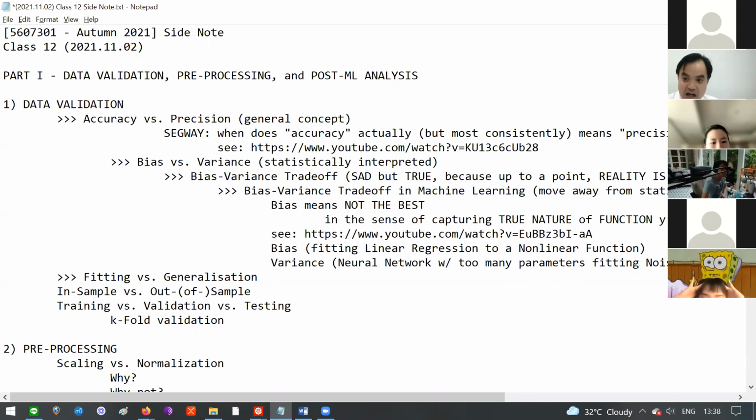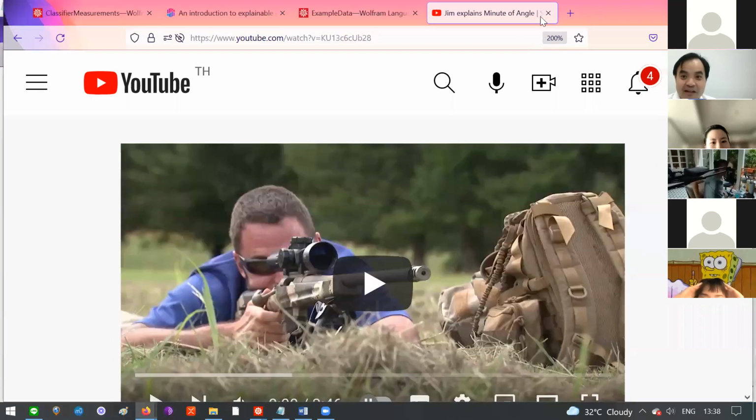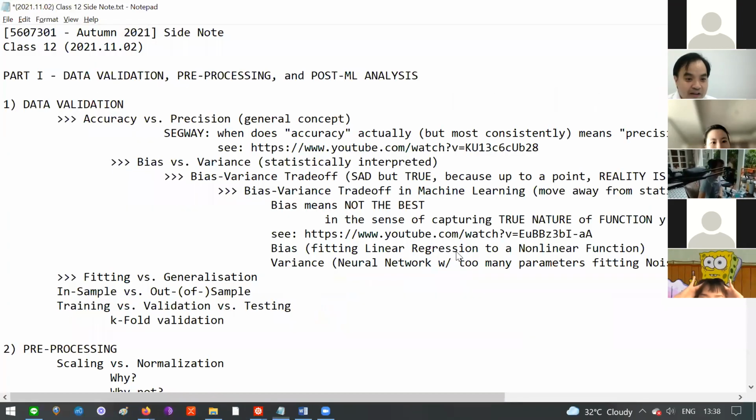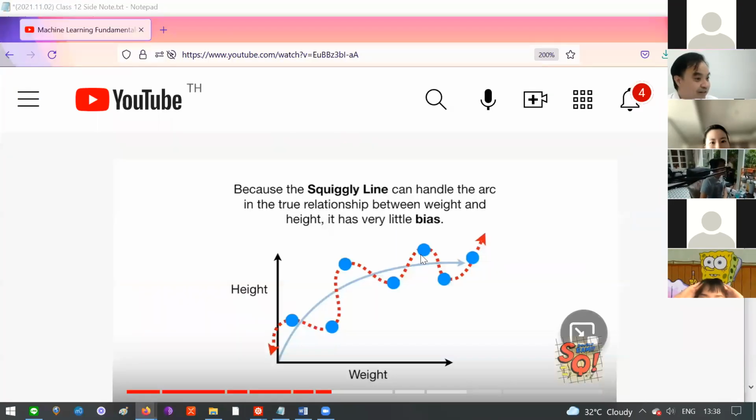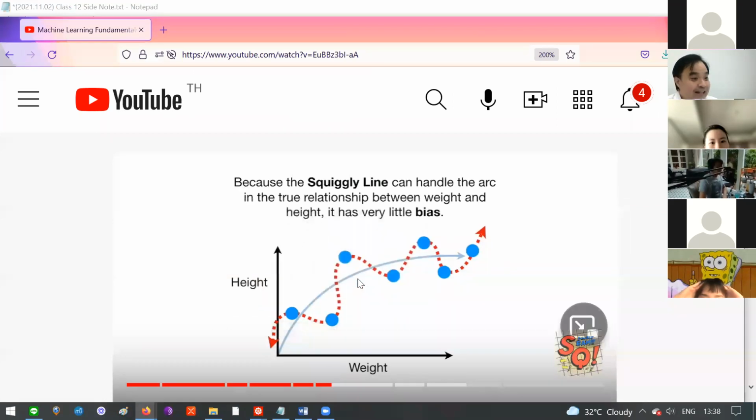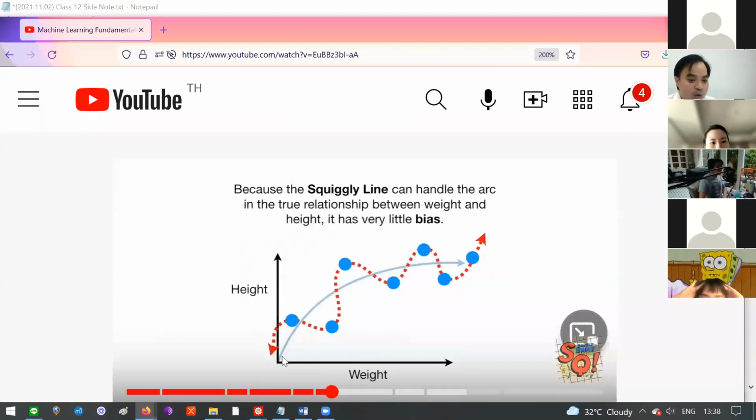Now, all of this I can make up. I don't need this anymore. All of this I can make up. Why? Because I'm generating the data. What this guy did was he generated this curve deterministically. Y is equal to, say, log of x. And then he adds random noise.